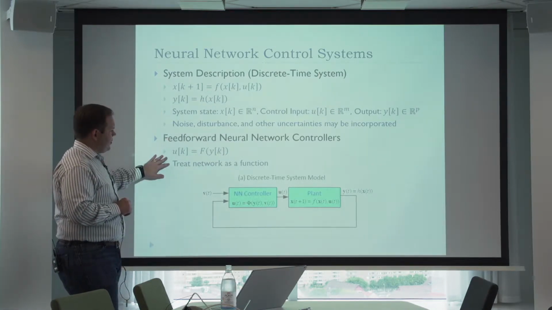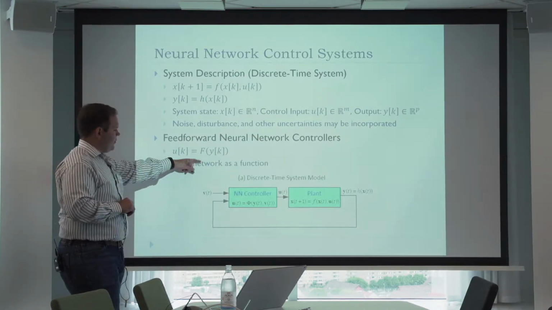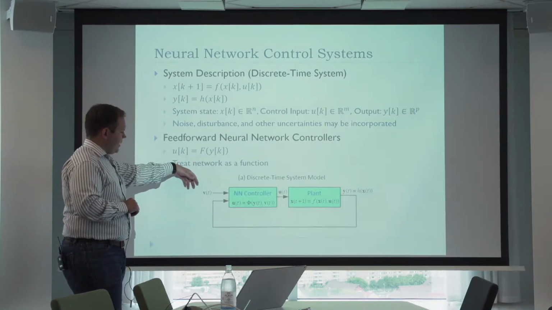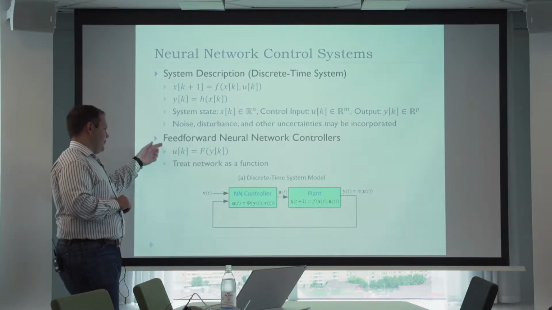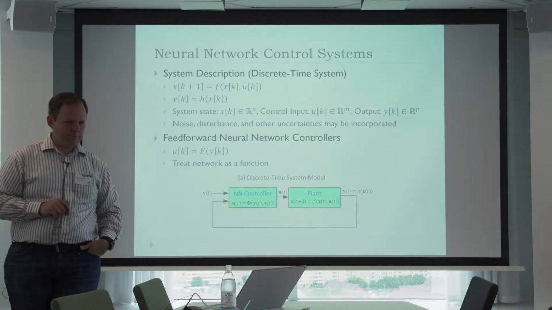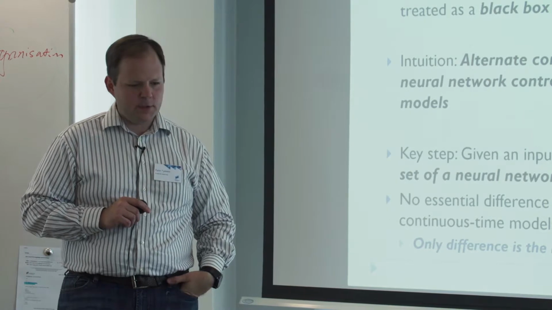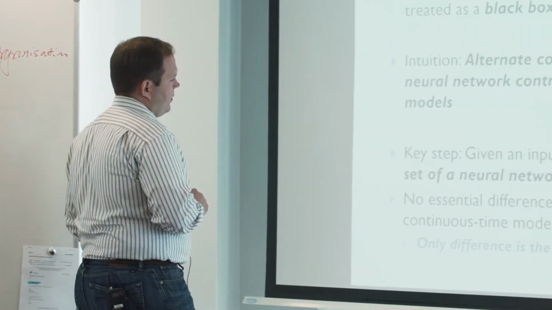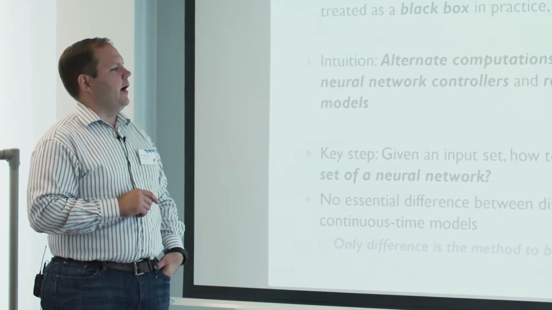So our controller is a neural network. For feed-forward neural networks, we can just view this as a function that's going to map from some space, in this case the space of plant outputs, to the space of plant inputs. So mathematically, I can just view this as a function. I'll come back to that point in just a minute. These types of controllers can be used in adaptive control. Maybe we've done this because we have some uncertainty.